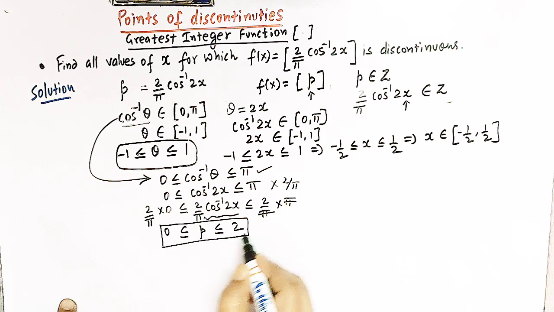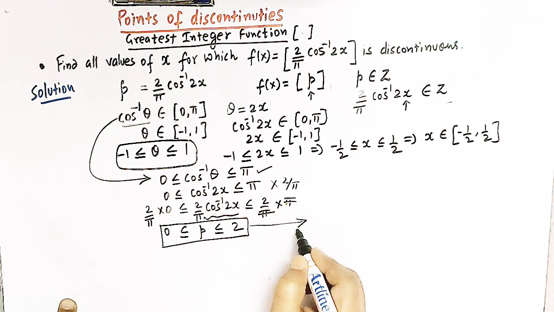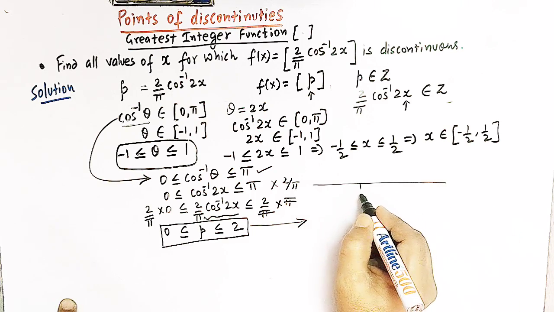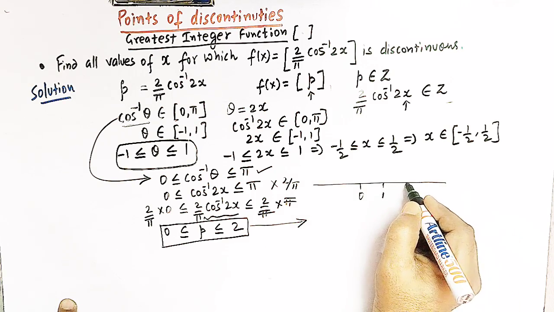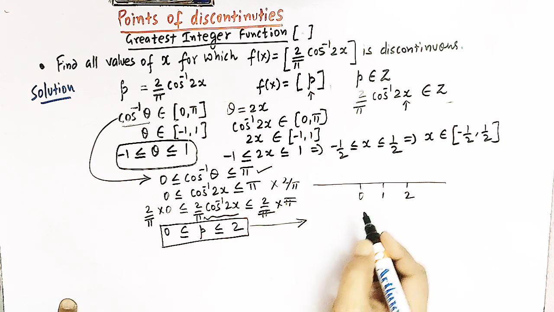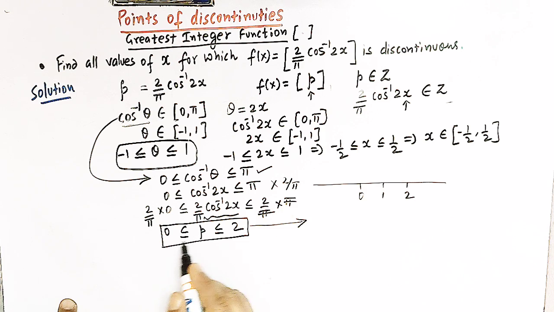pi, right? Now from this inequality we can see that here we have 0, here we have 1, and here we have 2, right? So here we have 3 integers, that is p can be equal to 0, p can be equal to 1, and p can be equal to 2.